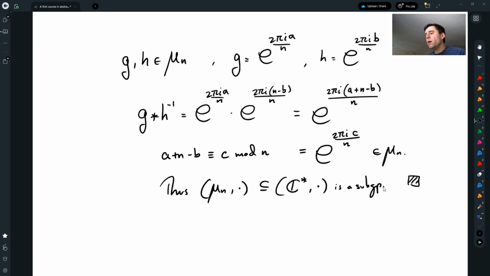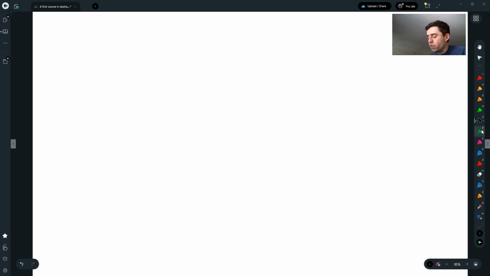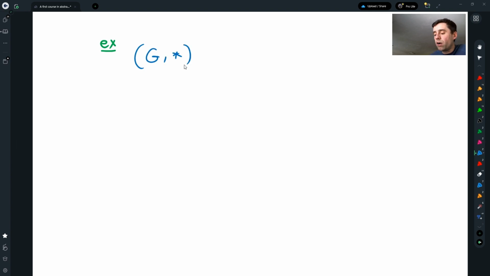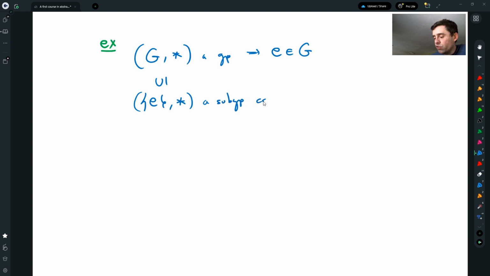Okay. Let's see other examples of subgroups. If I have a group G, then I know that there is an element in G, namely the identity element, and therefore I can create a subgroup which is just the trivial subgroup.